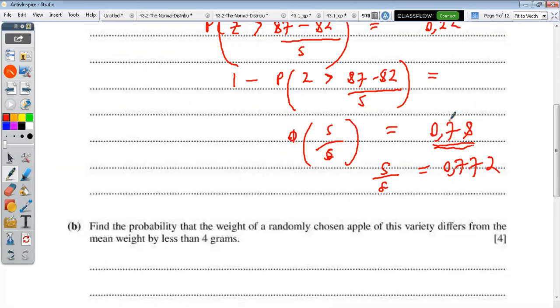Okay, let me go back a bit. So we want something very close to 0.78. Let's go back to the table there. So she used that, which I agree with. Let's see, how do I maximize this? Okay, I now have my table.